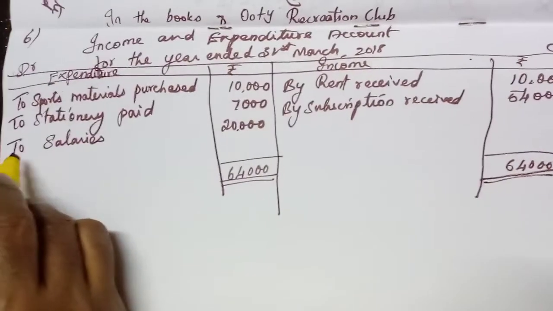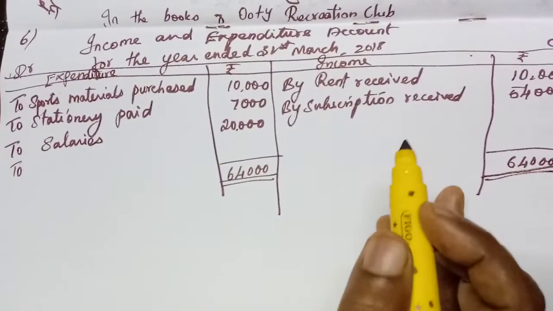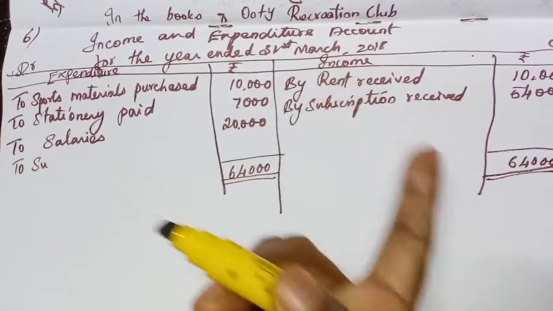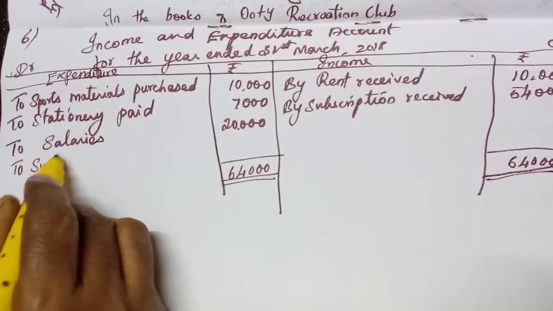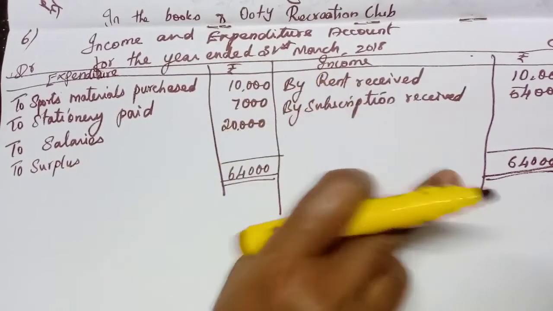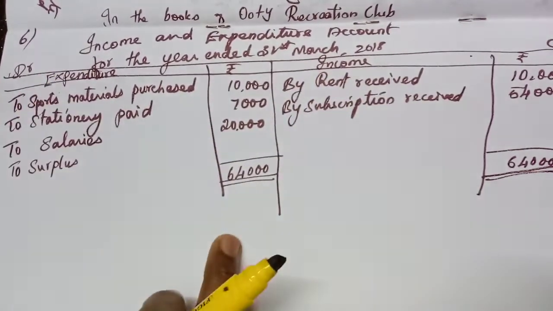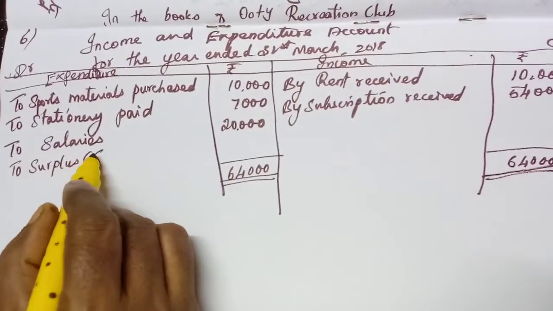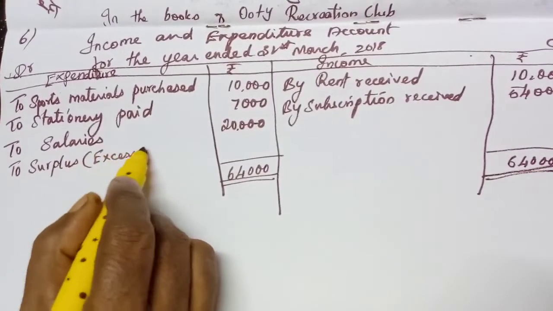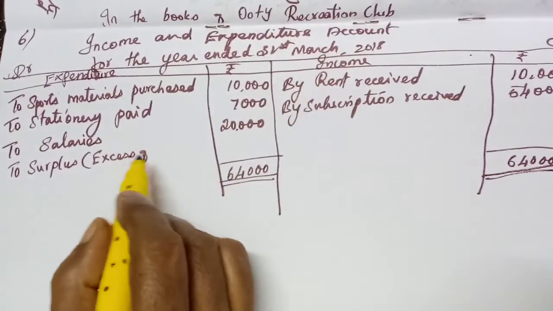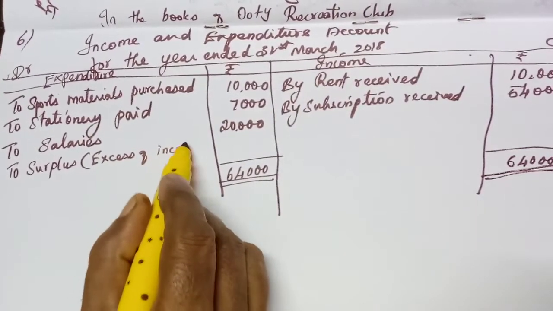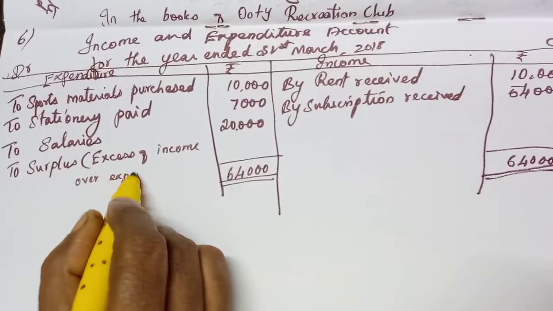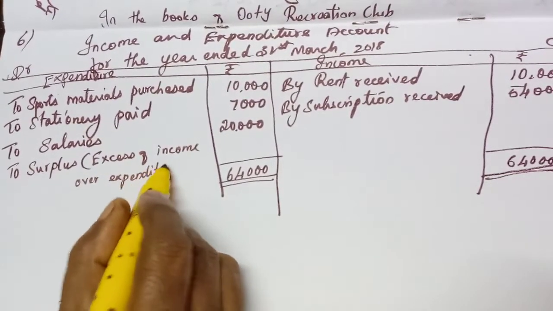Now, if the credit side is more, we write to surplus, because income is more, so we will get a surplus. If income is more, surplus; if expenditure is more, deficit. Surplus you write, and in brackets you write excess of income over expenditure. This you must write within brackets.